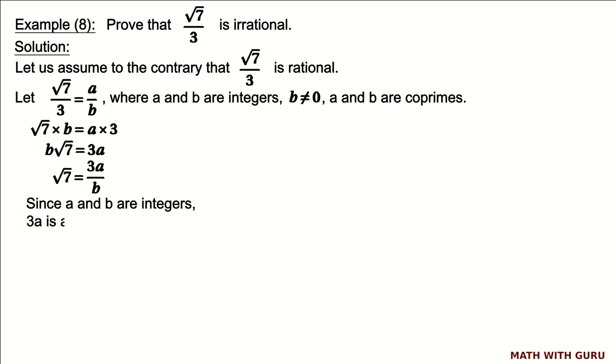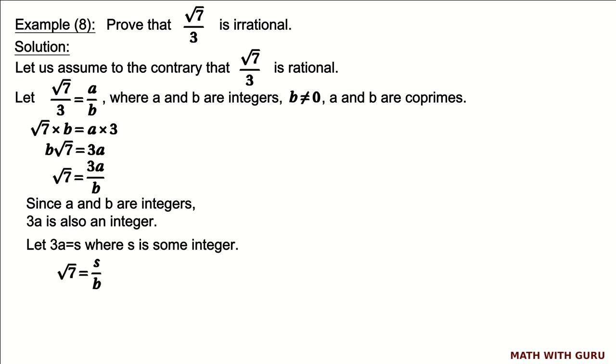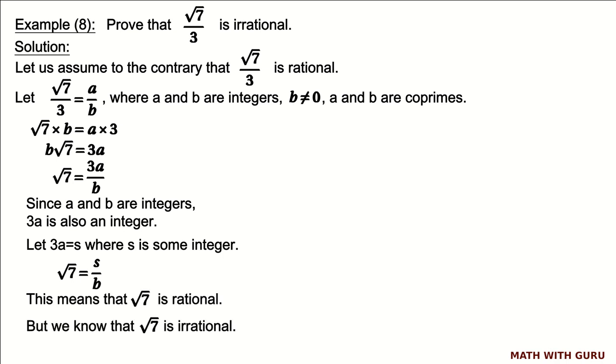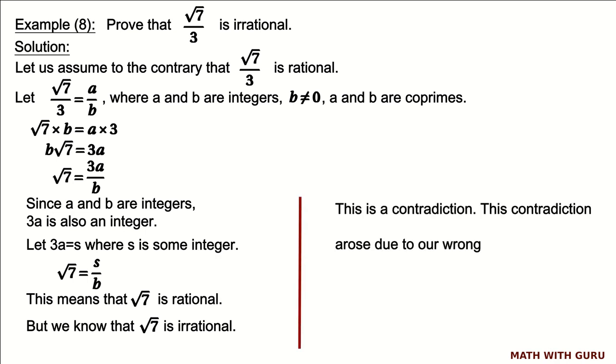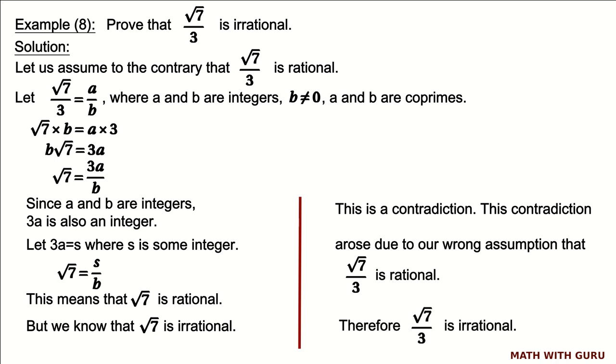Since a and b are integers, 3a is also an integer. Let 3a equals s. Root 7 equals s over b. This means root 7 is rational. But we know root 7 is irrational. The contradiction arose due to our wrong assumption. Therefore, root 7 over 3 is irrational.